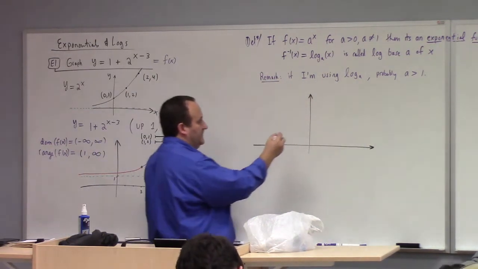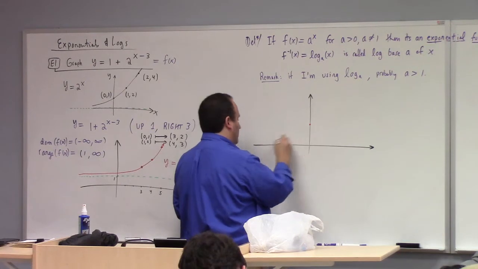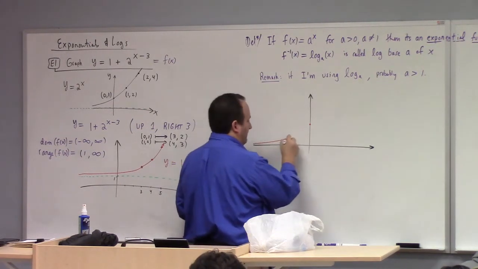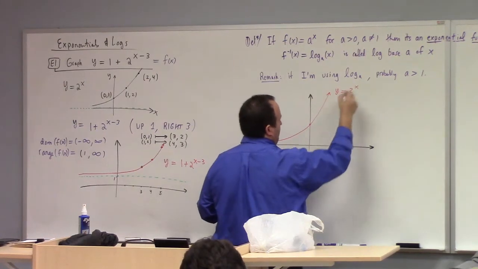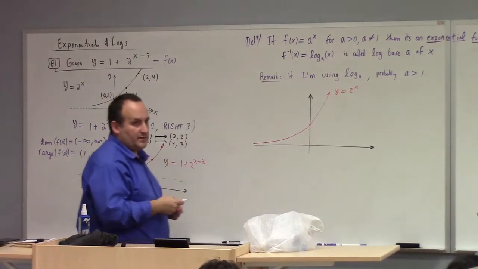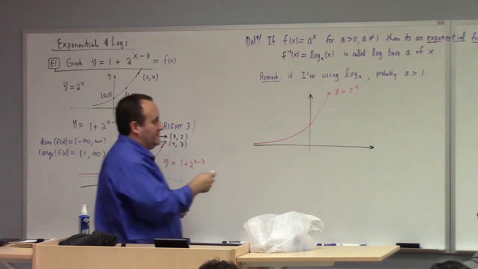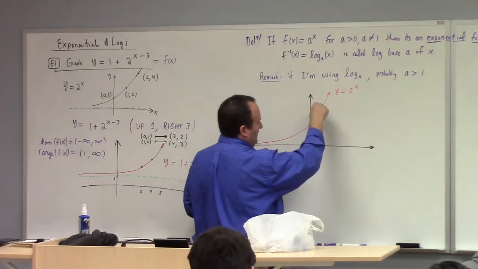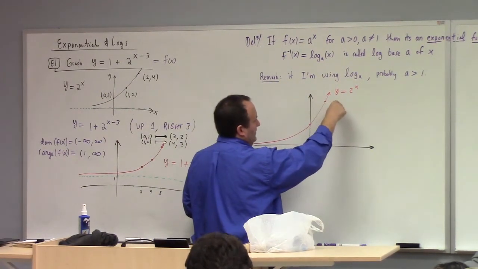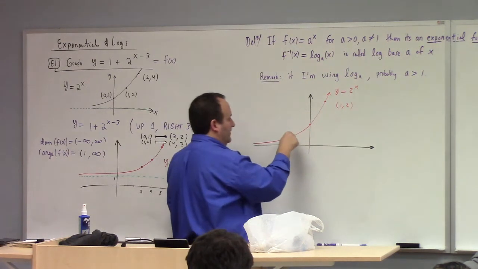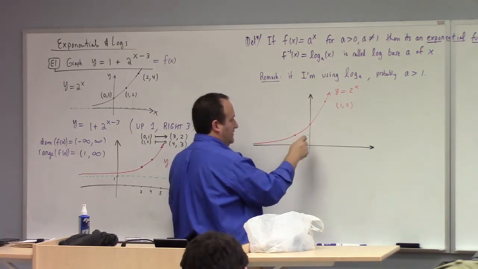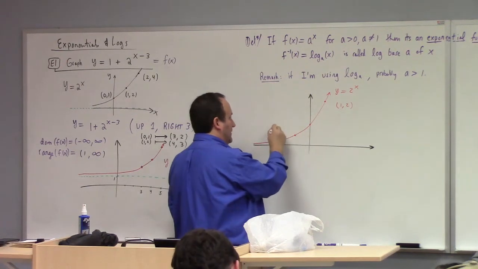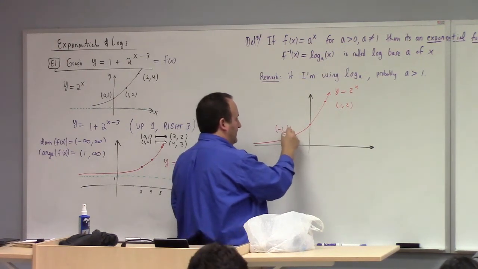So if you look at this, here's y equals 2 to the x, let's say. All right. And so we can just track a couple points that are kind of points of reference. Here's (1, 2), and over here, if I did it right, it would be the point (-1, 1/2).